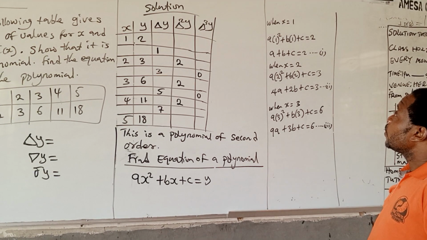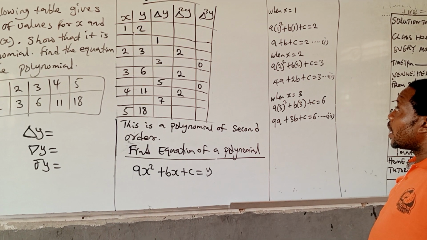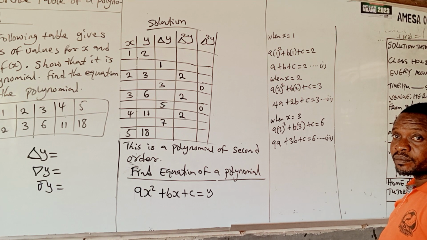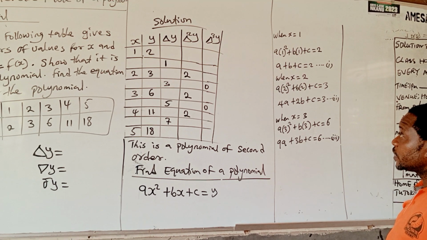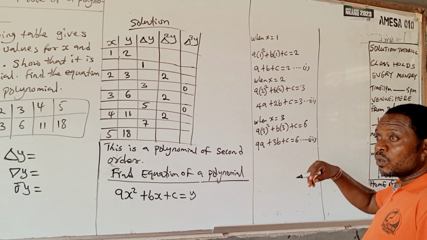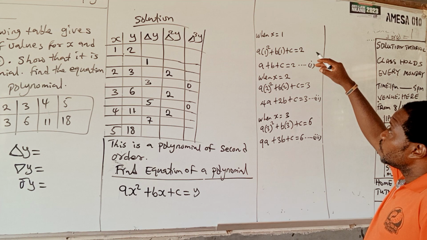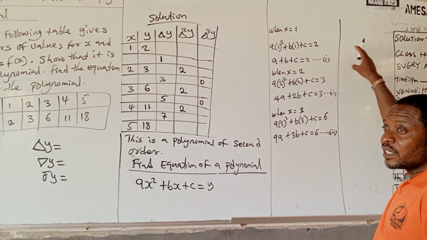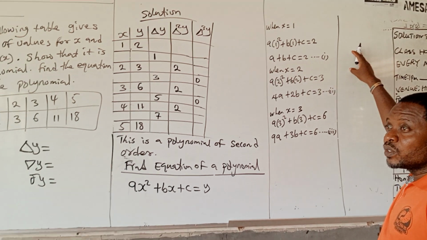So what you do, you will solve these equations 1, 2, 3 simultaneously using Cramer's rule. If you don't know how to solve it using Cramer's rule, go to our home page. You will see where I treated Cramer's rule. So play it, you learn how to solve using Cramer's rule.